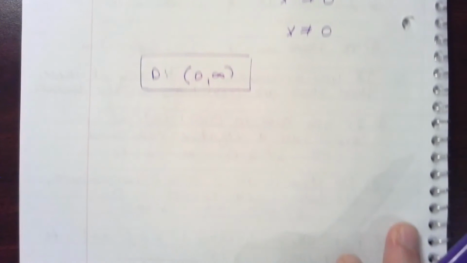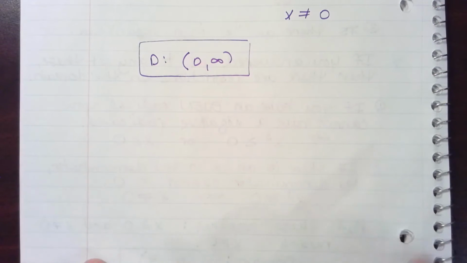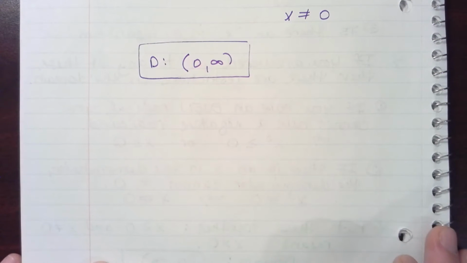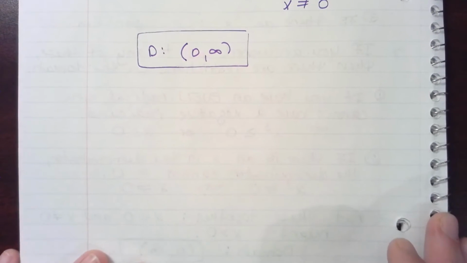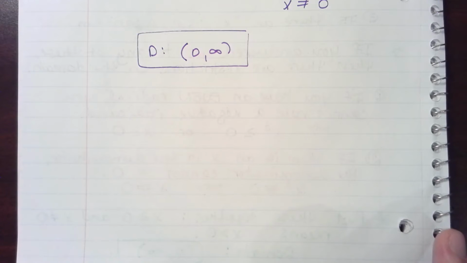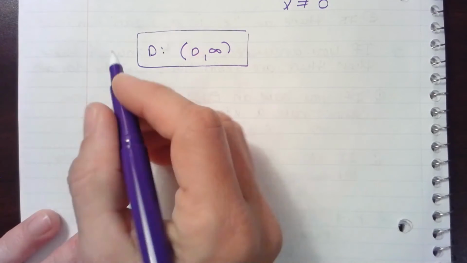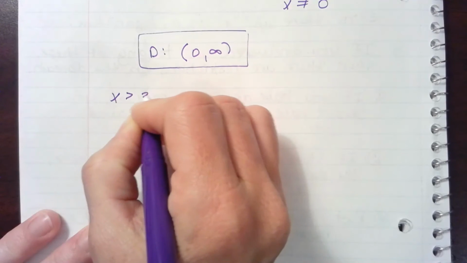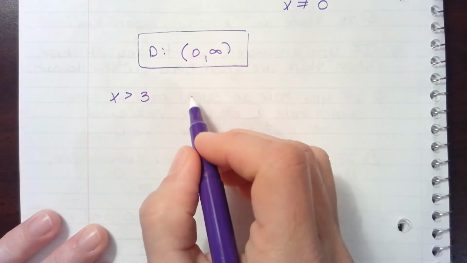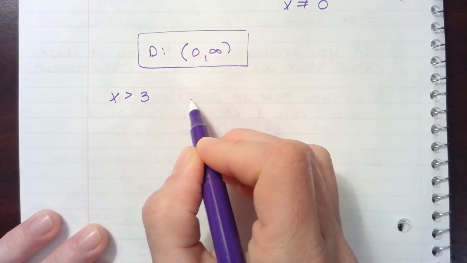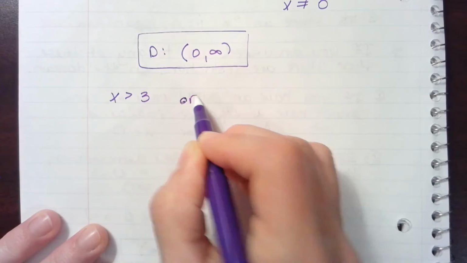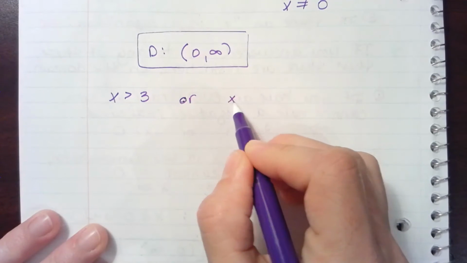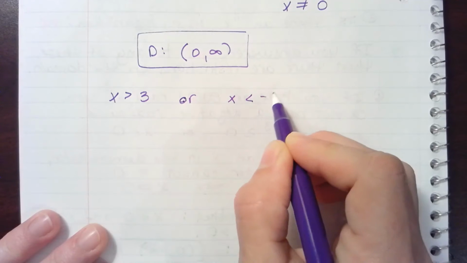Okay, so there was another question about the union symbol. What does the union symbol actually mean? So let's think of an example for union. Let's see, if we have x is greater than 3 or x is less than -2.